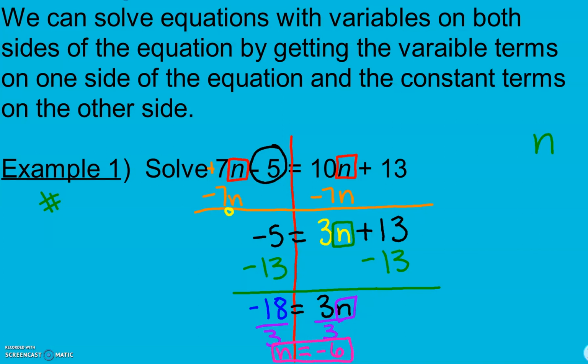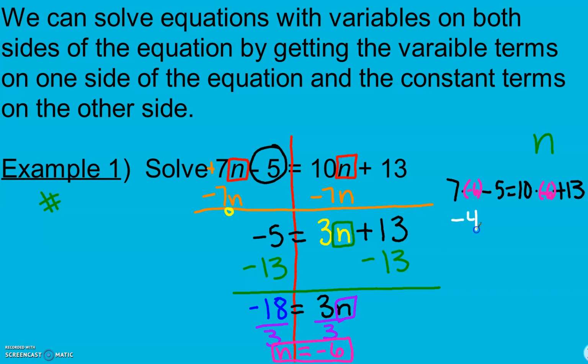To check that, we plug it back into our original equation in both spots. So I didn't change anything except where my n's go. I'm going to make those negative 6's. Now we simplify.